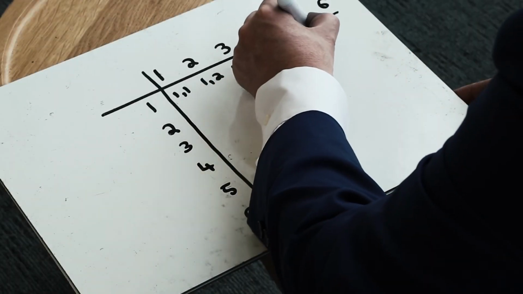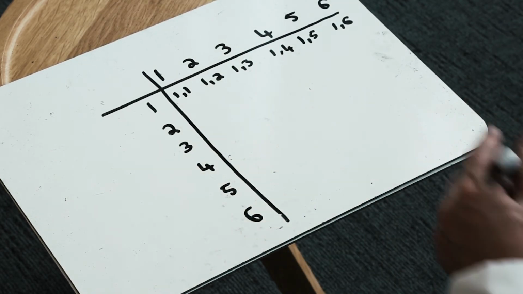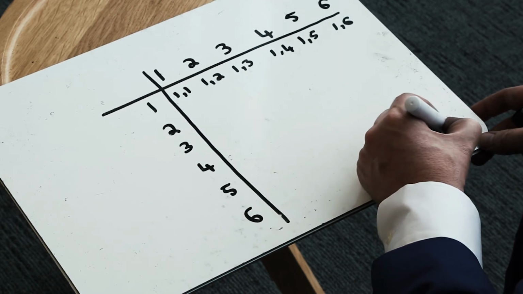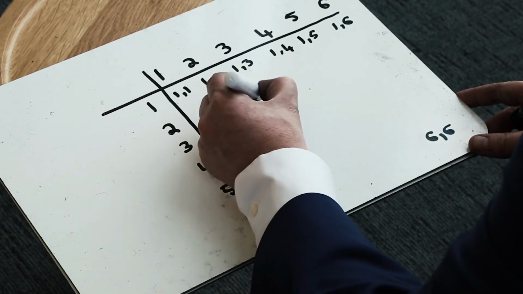If something like that happened, we could imagine a situation involving what's called a sample space, and we can imagine, say, a red dice going along here with the numbers 1 to 6, and then say a green dice going down here, the numbers 1 to 6. And then we can fill in the sample space and say, okay, we got 1 and a 1, 1 and a 2, 1 and a 3, 1 and a 4, 1 and a 5, 1 and a 6. And we could complete that table, and that would actually show us there were 36 different outcomes, of which only one of them is a 6 and a 6.